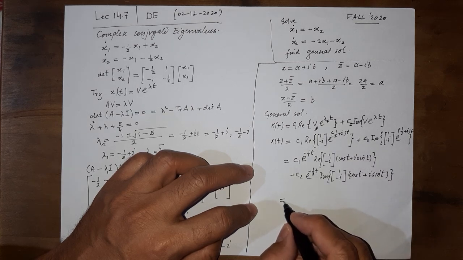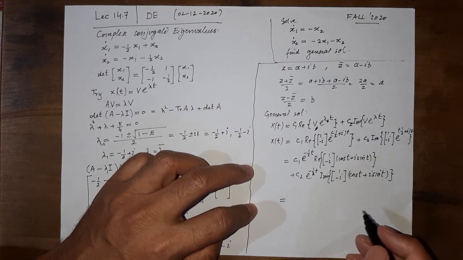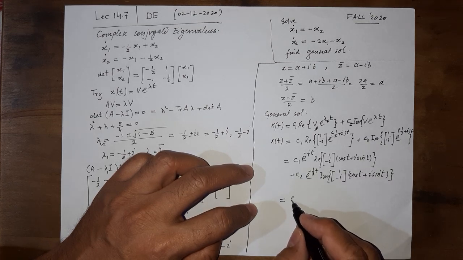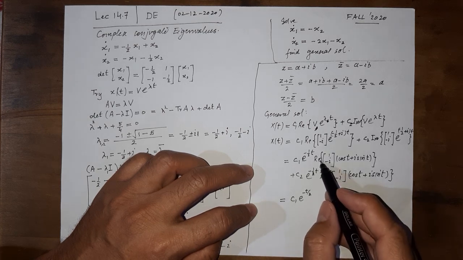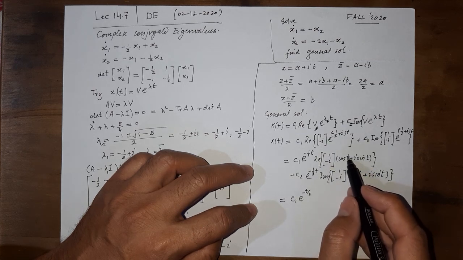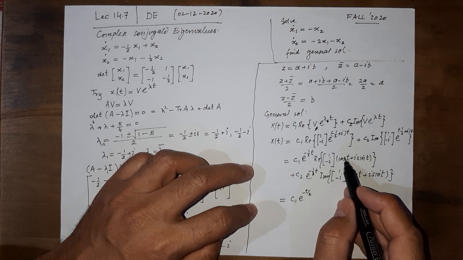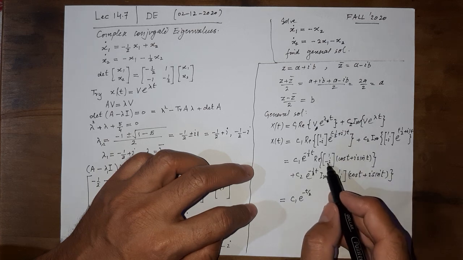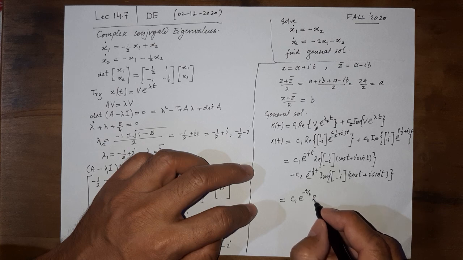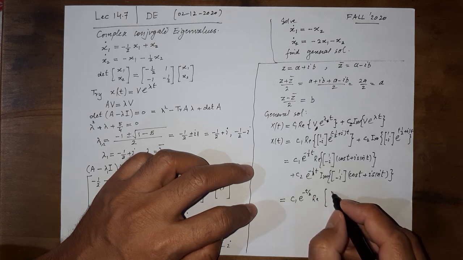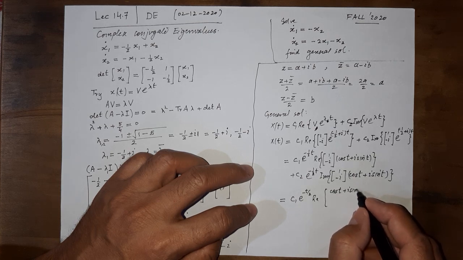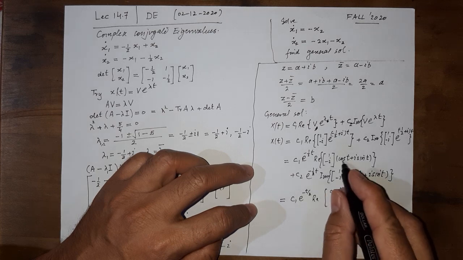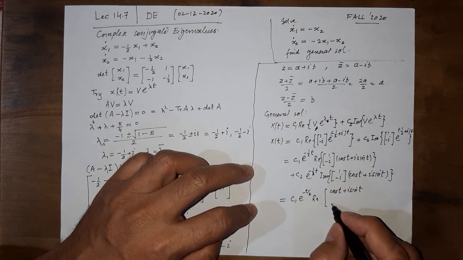So this is equal to c1 e raised to the power minus t by 2, and this is a single value and this is a vector. This multiplies with this as well as this. So let me just do another step to eliminate any confusion. So we get cos t plus iota sine t, and minus iota multiplied by iota is minus iota square, which is 1.